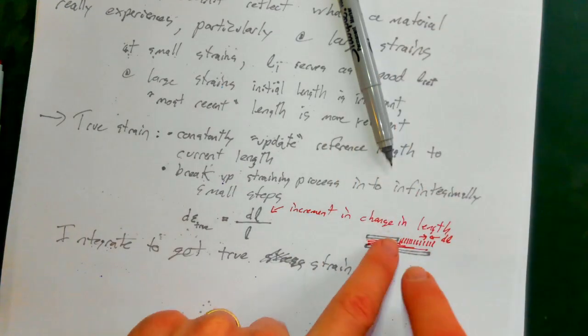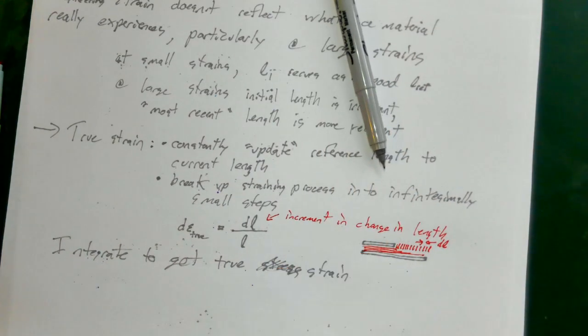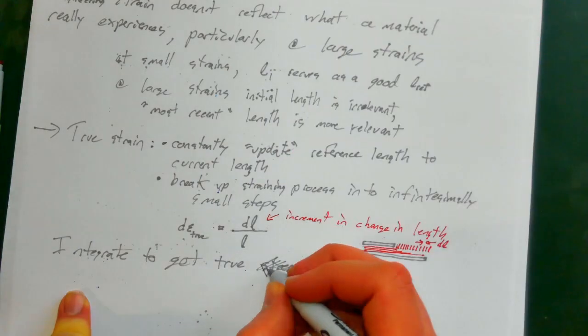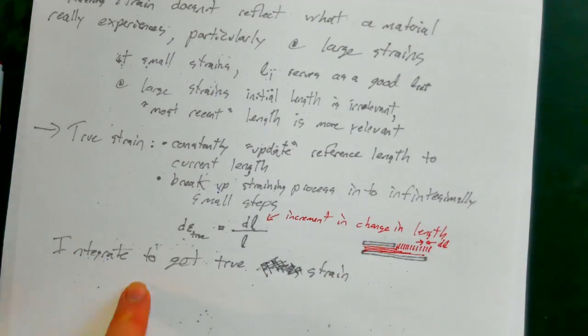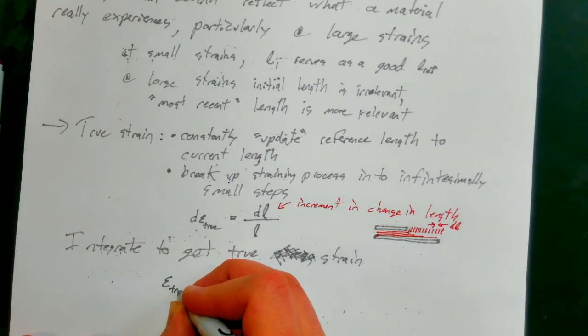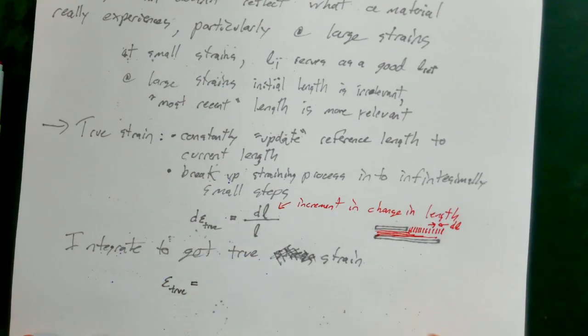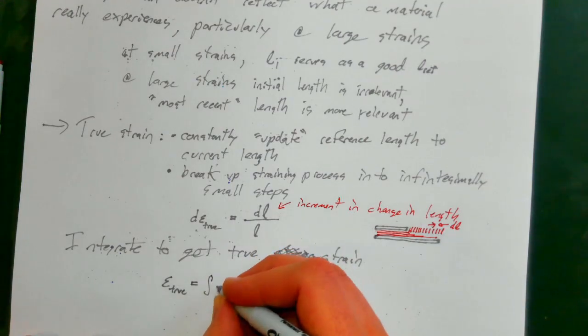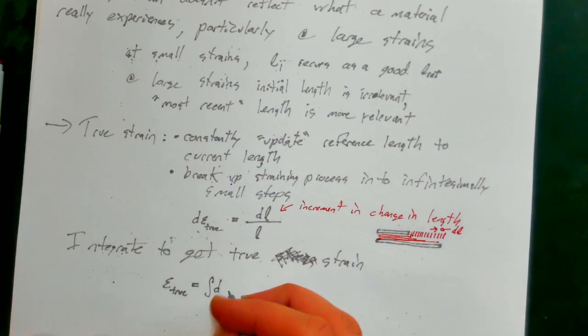So we want to integrate all of these increments to get the true strain, and in a calculus way, integration is essentially adding up. So if I want to get my true strain, well, what do I do? I integrate all of the increments of true strain.